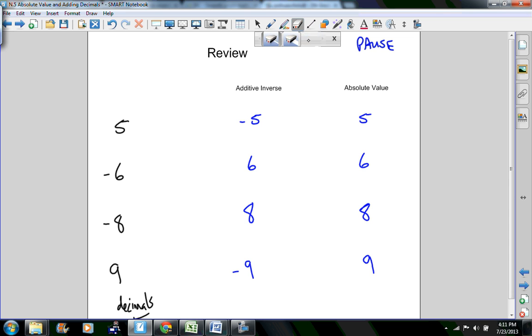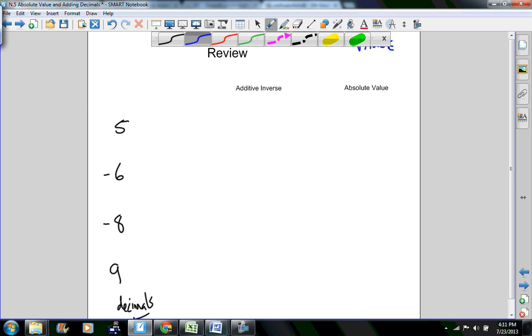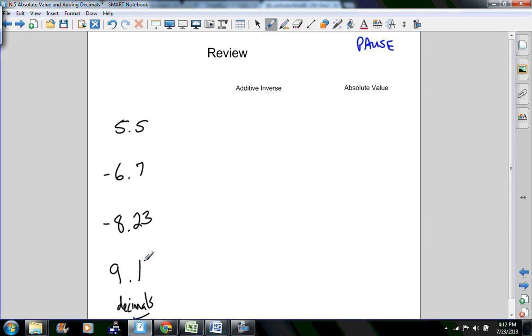Now, for new stuff, I'm going to do the same concept, except I'm going to turn these into decimals. This will be 5.5, 6.7, 8.23, and 9.11. I'd like you to try these on your own and see what you get. Alrighty. Additive inverse here should be -5.5, and the absolute value is 5.5.